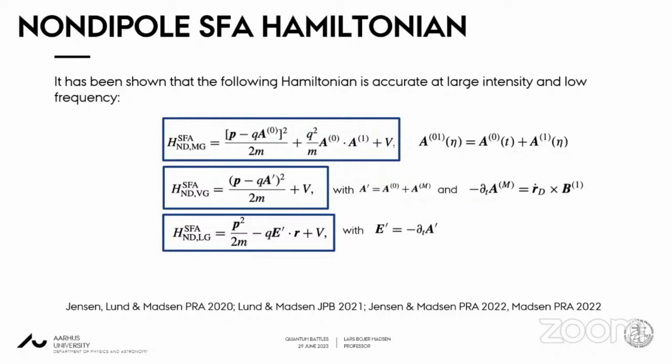It also means that you can get rid of this one and collect a new modified vector potential with a magnetic term here. This is now the velocity gauge version of the non-dipole strong field approximation Hamiltonian, or you could express it in the length gauge with a modified field, which has the normal dipole field and also some correction from the magnetic term. So that's the theory we want to look at.